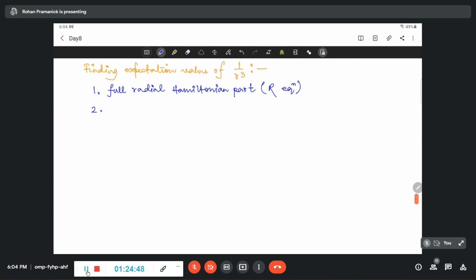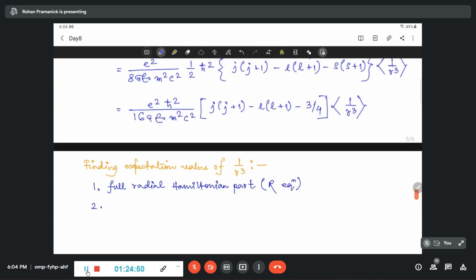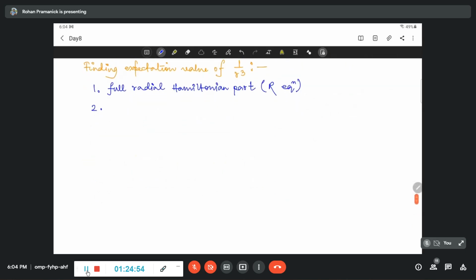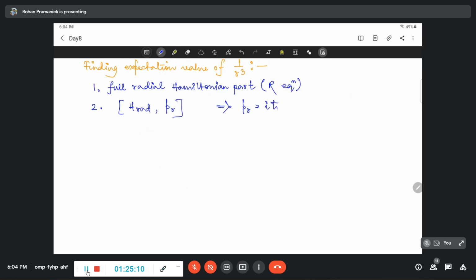So I am writing down the steps. Then you have to take the commutation relation of this H rad and PR, where PR is nothing but minus i h cut del by del R plus 1 by R. This is the radial part.